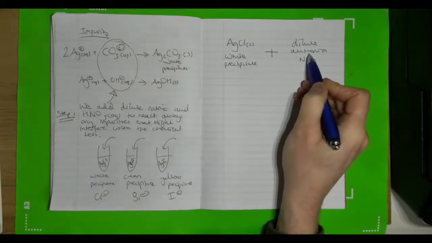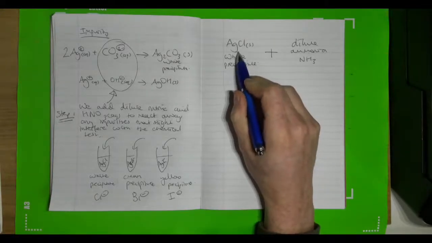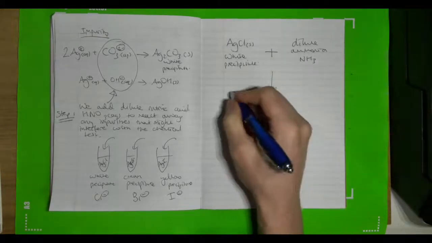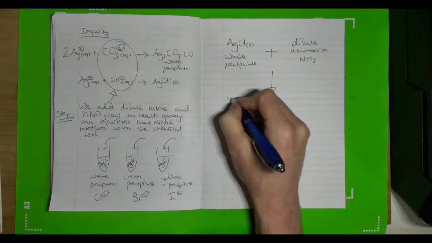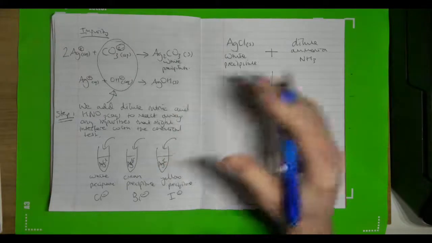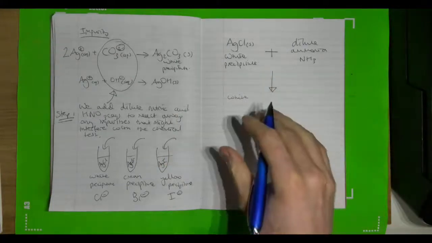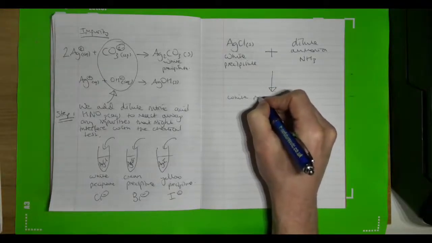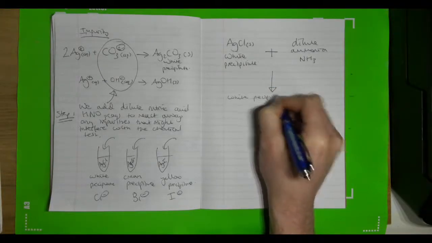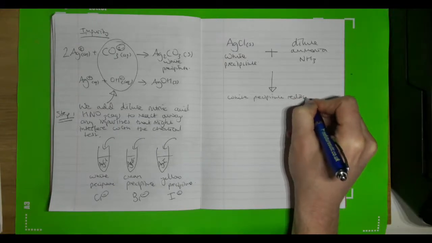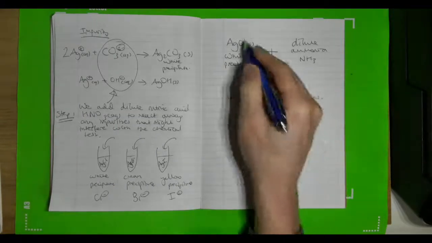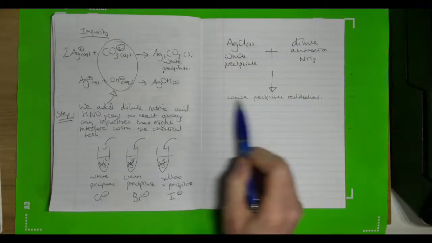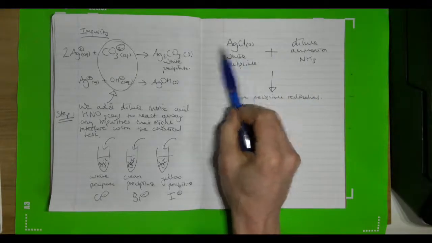If we add dilute ammonia to the silver chloride, then the white precipitate redissolves. In other words, it disappears. We don't say it disappears though, because it's still in there. It's just not a precipitate anymore. So the white precipitate redissolves, and then we know that we must have had silver chloride in there. That just confirms that it was actually silver chloride.